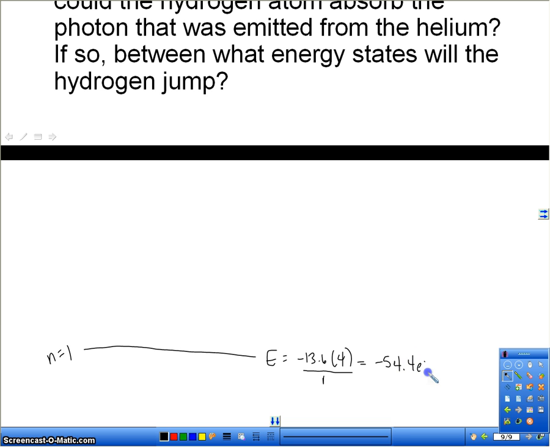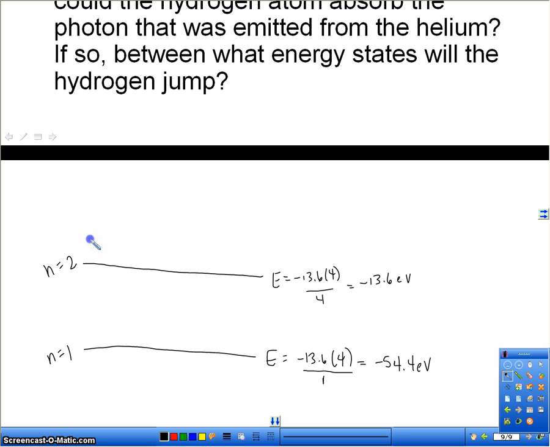So that's the n equals 1 state for helium. The n equals 2 state is going to be minus 13.6 times Z squared divided by n squared. So that's just going to be minus 13.6.